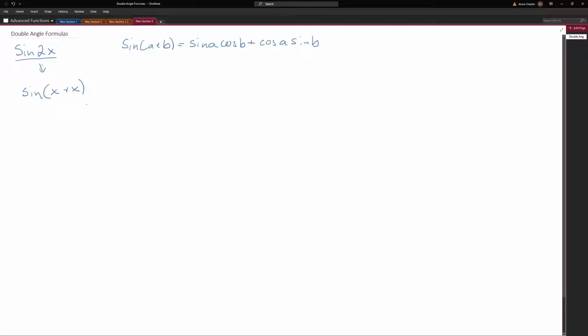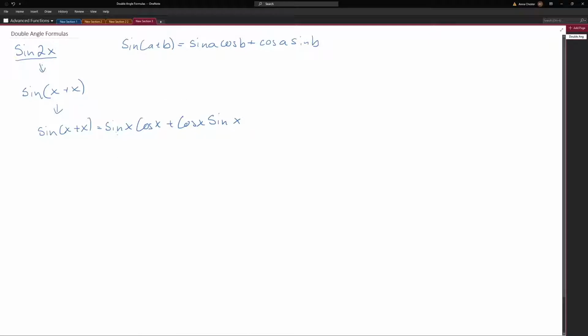Now let's plug in the values. So what we get is sine of x plus x is equal to sine x cos x plus cos x sine x. As you can see, these are the exact same arguments, right?